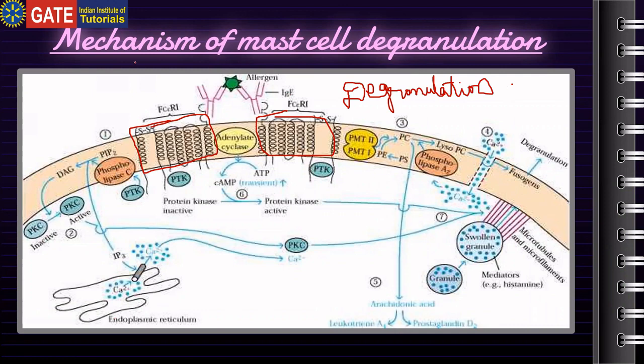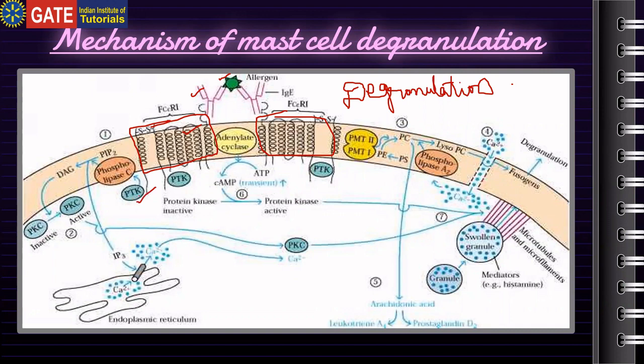I'll explain twice. This is the IgE, allergen, Fc receptor. Once the allergen cross-links with the IgE, what happens, friends? Immediately IgE will stimulate protein tyrosine kinase, which is the PTK.